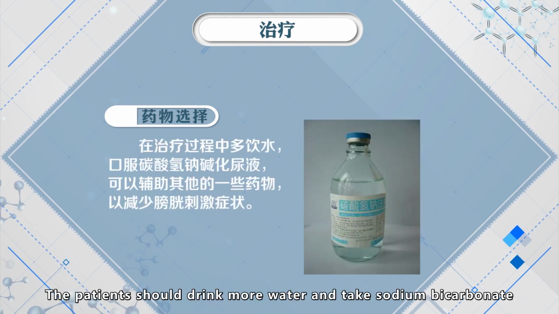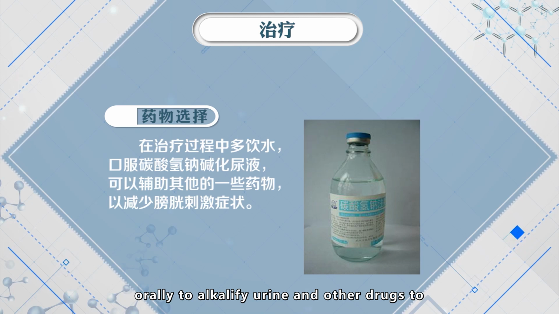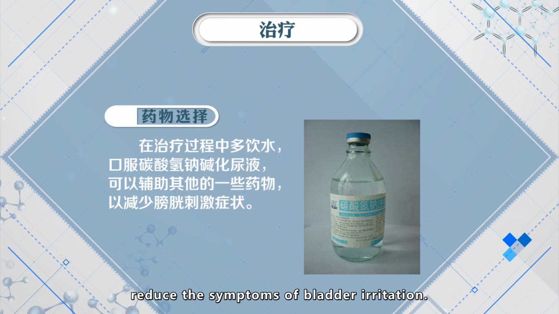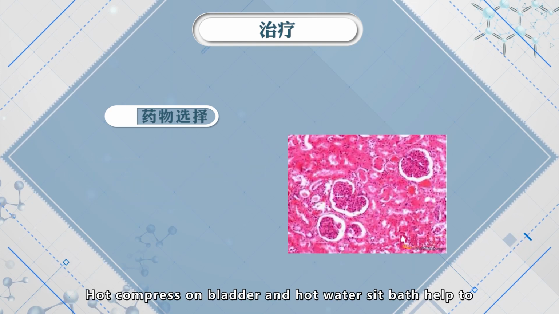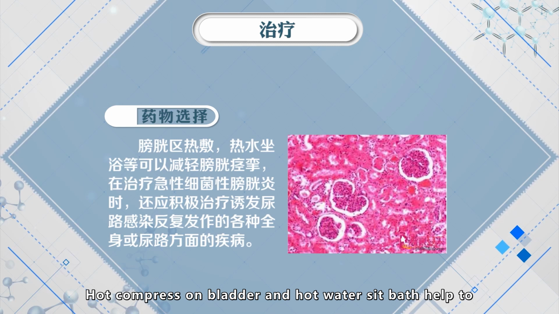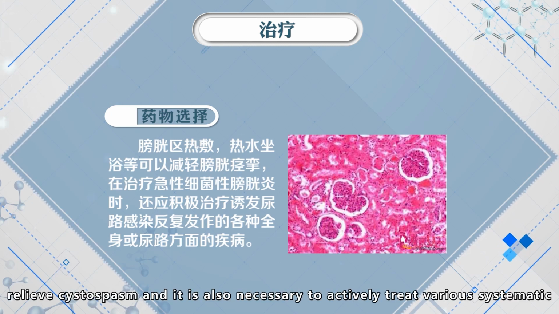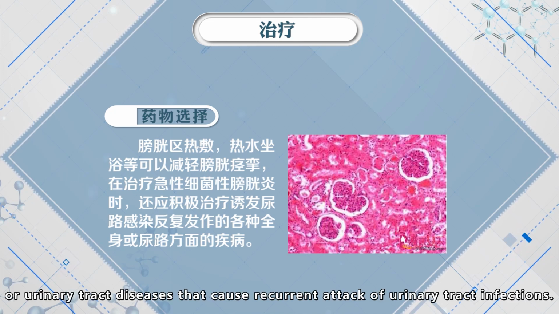The patient should drink more water and take sodium bicarbonate orally to alkalify urine, and other drugs to reduce the symptoms of bladder irritation. Hot compress on the bladder and hot water sitz bath help to relieve cystospasm, and it is also necessary to actively treat various systemic or urinary tract diseases that cause recurrent attacks of urinary infection.